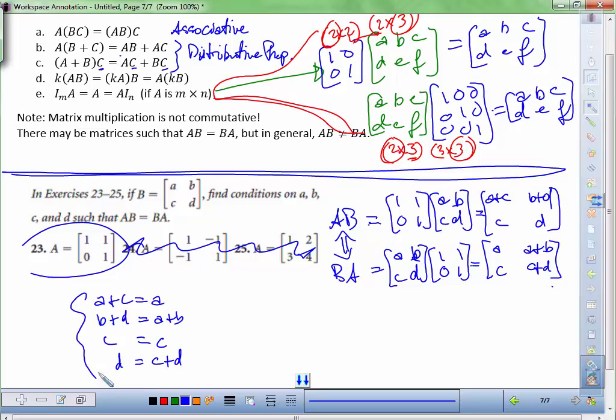A system of linear equations. Hey, we know how to deal with systems of linear equations, right? You can eliminate the C is equal to C over here because that's not important, and then you can reason this out. So what does this imply? What's equal to 0? C equals 0?